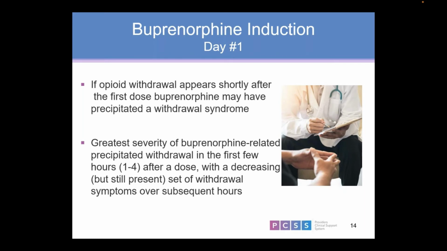Again, if you give too much too quick, then it's taking whatever opioids are still on opiate receptors within the body and dropping it to this buprenorphine level. And many people, even if they're in mild withdrawal, are going to experience some withdrawal symptoms. So again, I've said it a few times, start low and go slow.